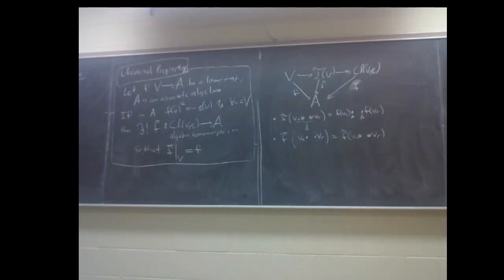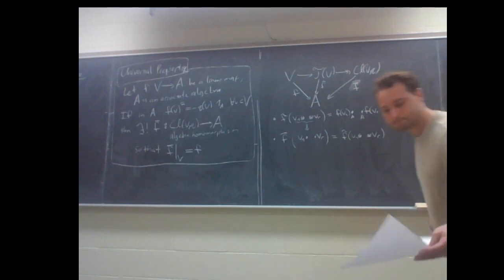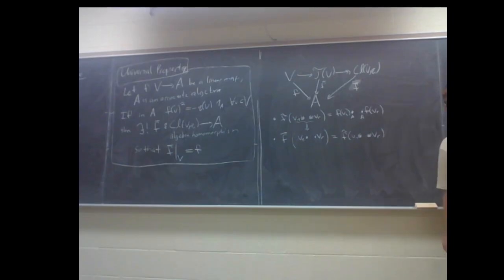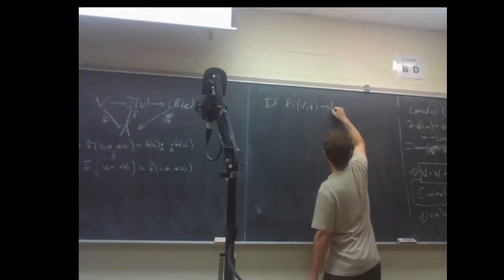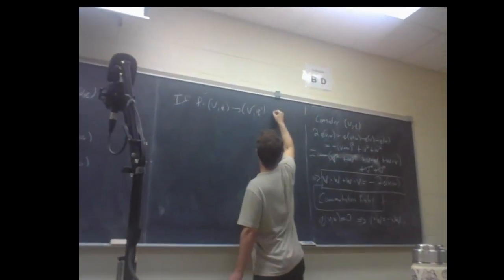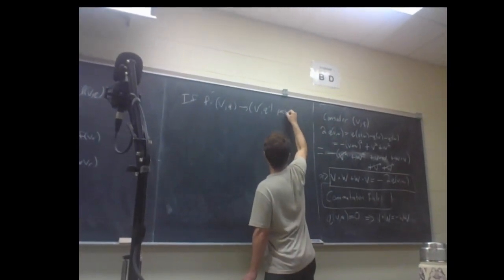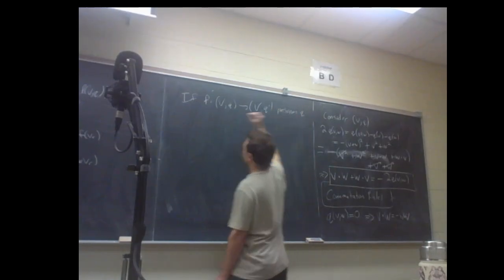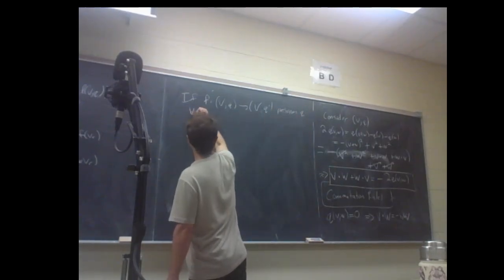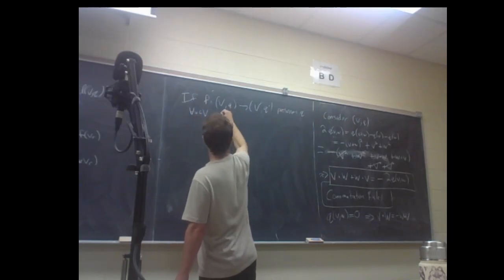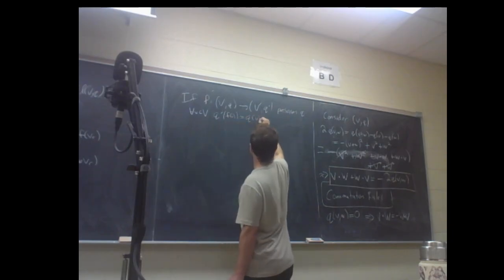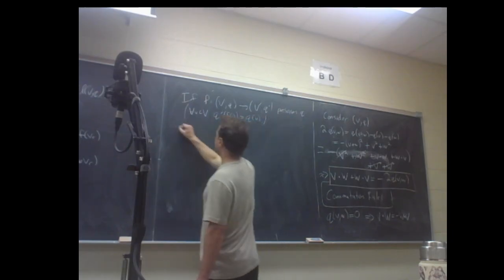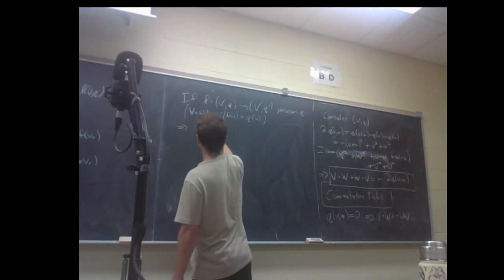Okay, so here's the main example. If F from (V, Q) to (V prime, Q prime) preserves Q, by which I mean that for all v in V, Q prime of f of v equals Q of v, then we get a map between the Clifford algebras.